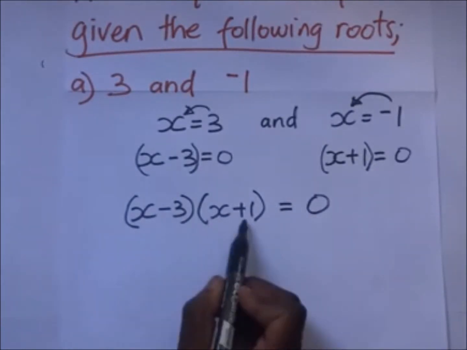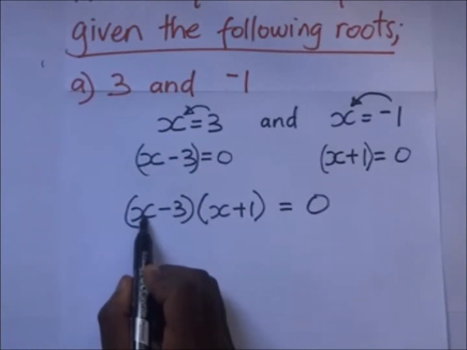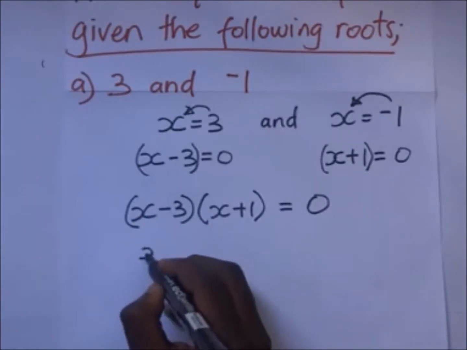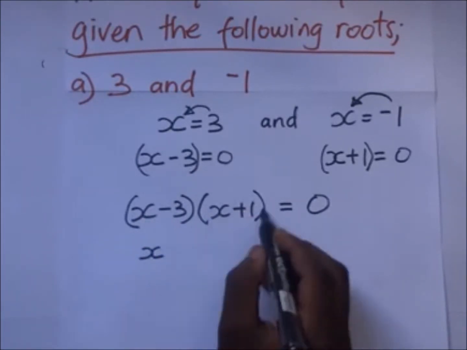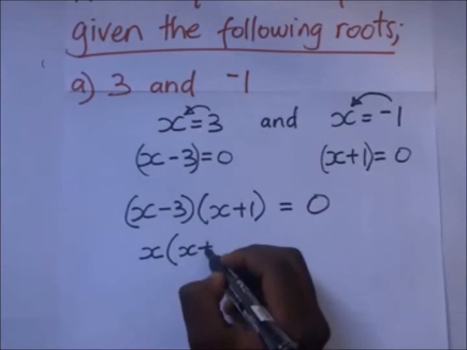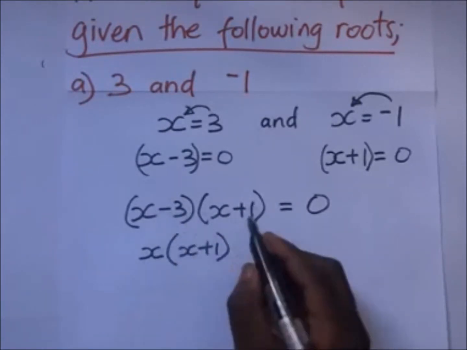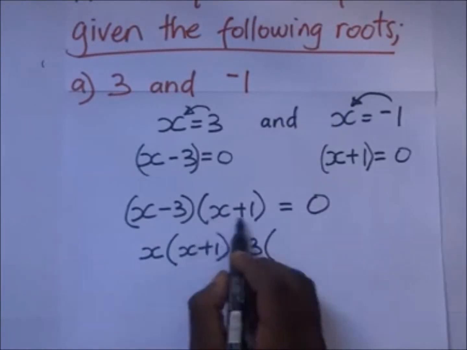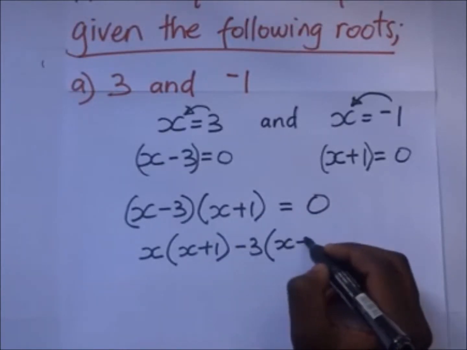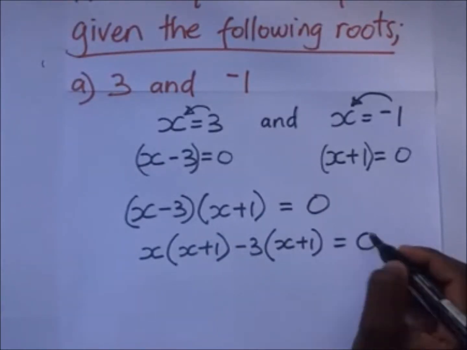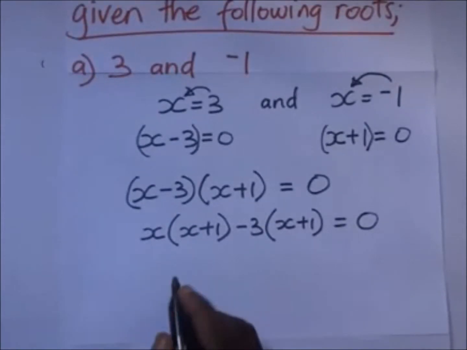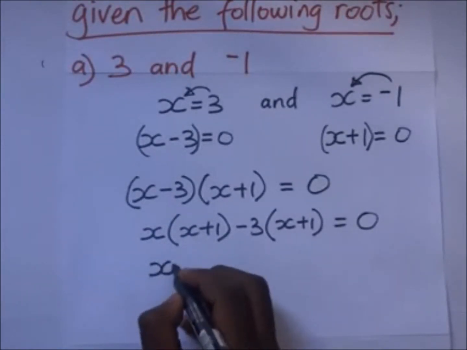Now we open those brackets, so it becomes x times that bracket, which is x times x plus 1, then minus 3 into that whole bracket, x plus 1, is equal to 0. So you go ahead and open the brackets. x times x is x squared.